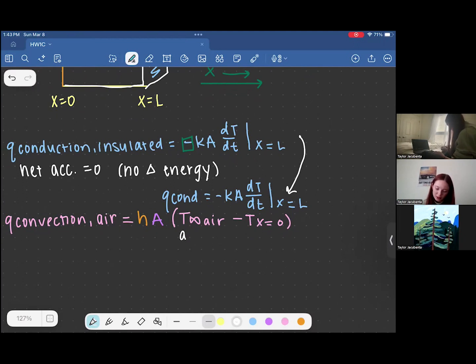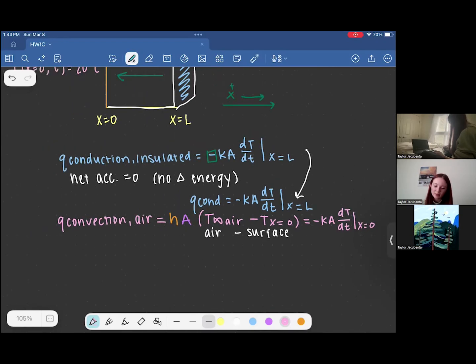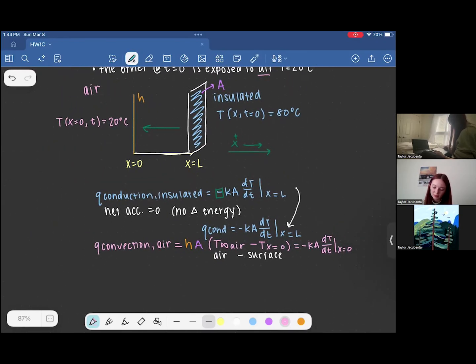We have our air minus the surface of our slab. So we can set that equal to 0 as well and make it equal to the negative K, our thermal conductivity coefficient, times the derivative of temperature with respect to x, and that will be at position 0.